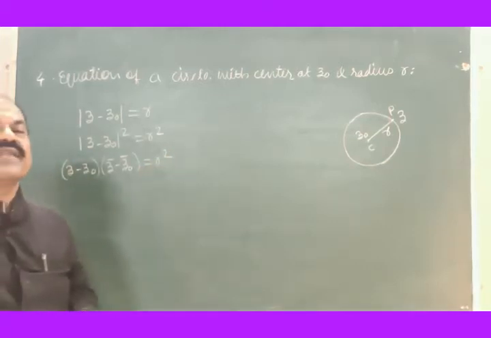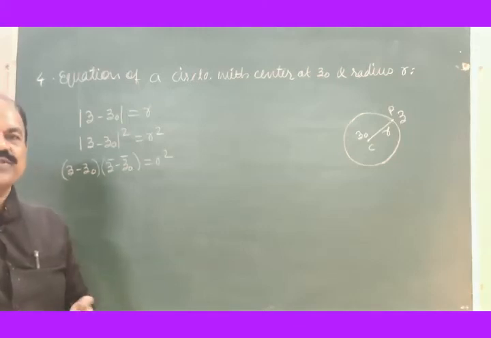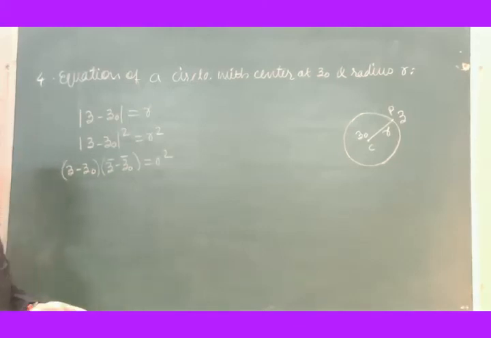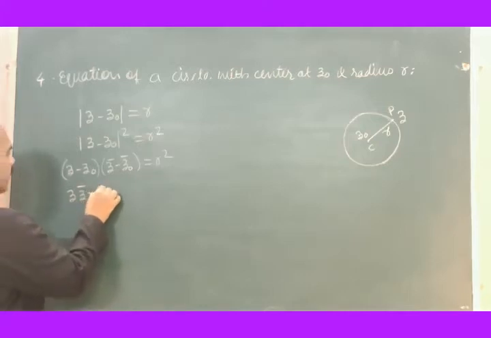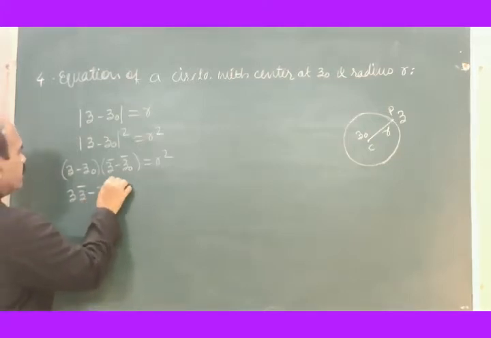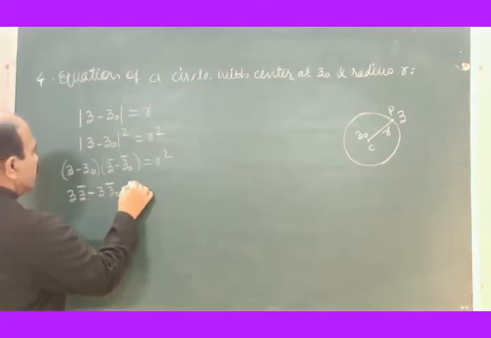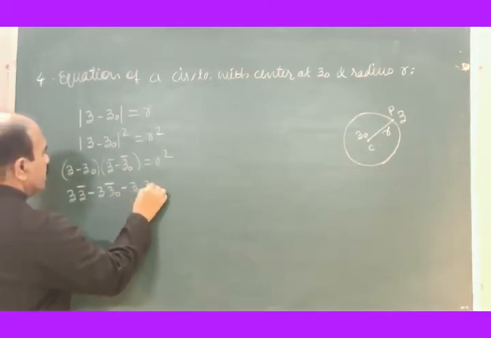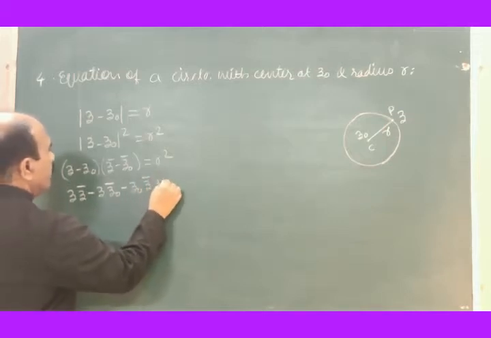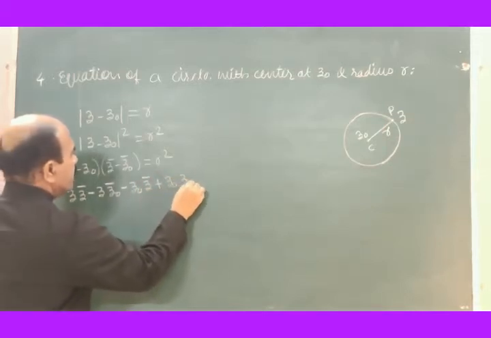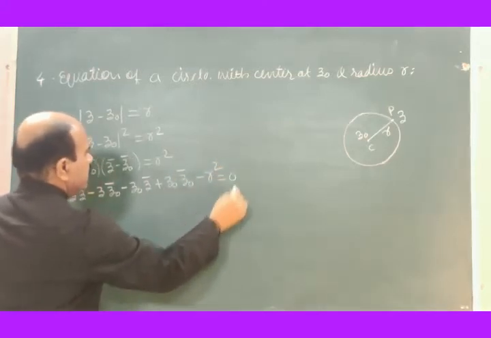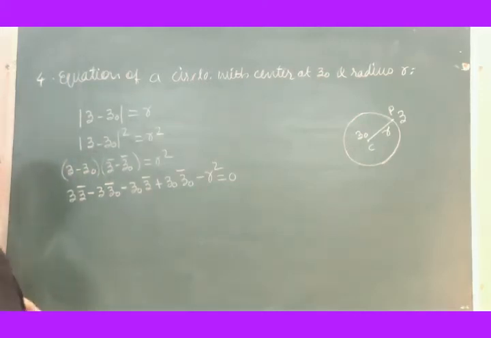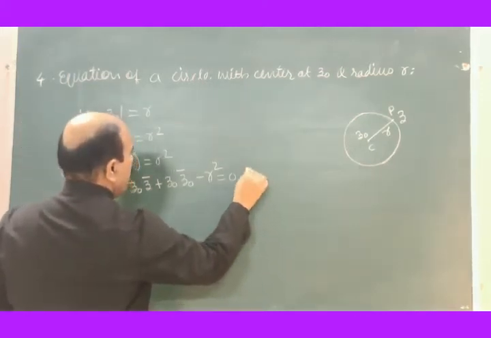Again using the properties of conjugate of complex numbers, this is further Z Z bar minus Z0 bar Z minus Z0 Z bar plus Z0 Z0 bar minus r squared is equal to 0, equation number 1.